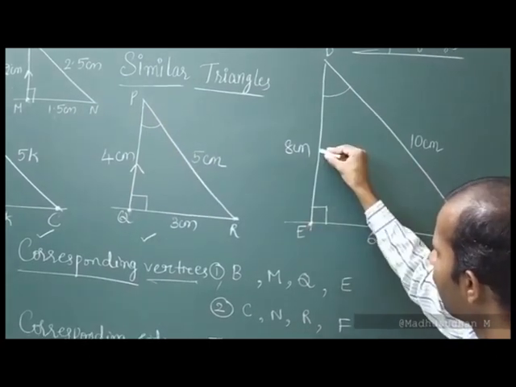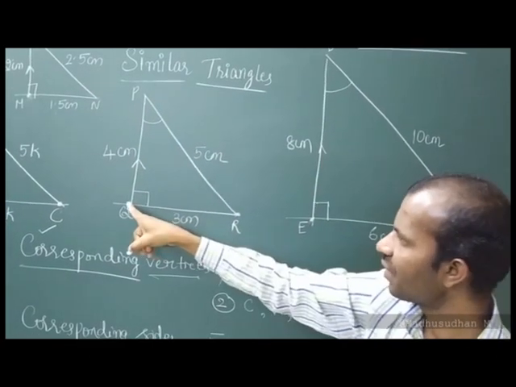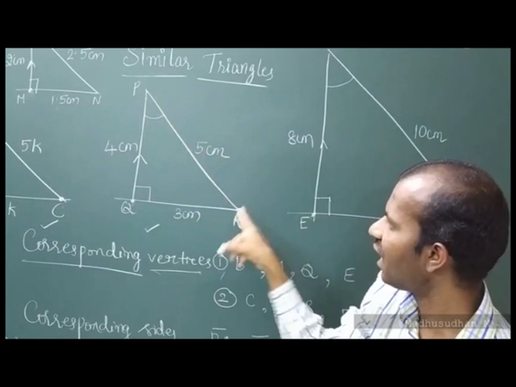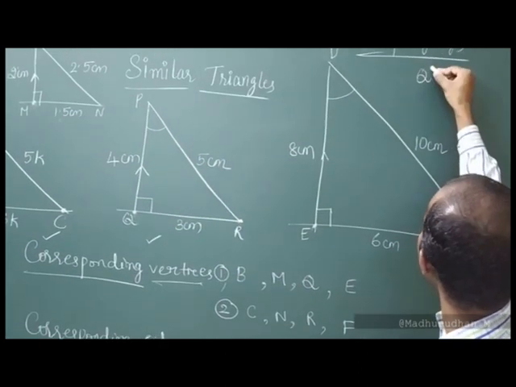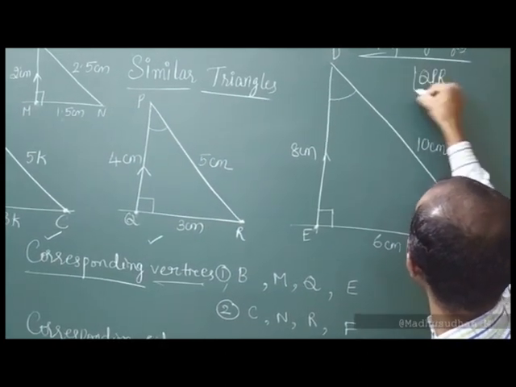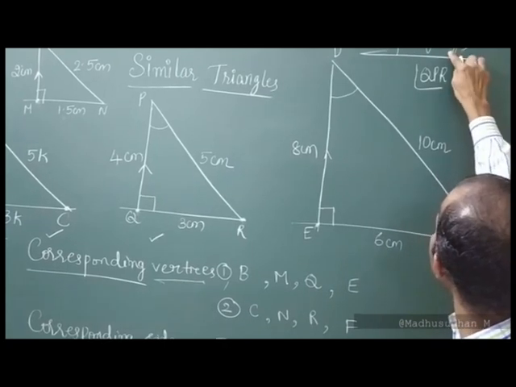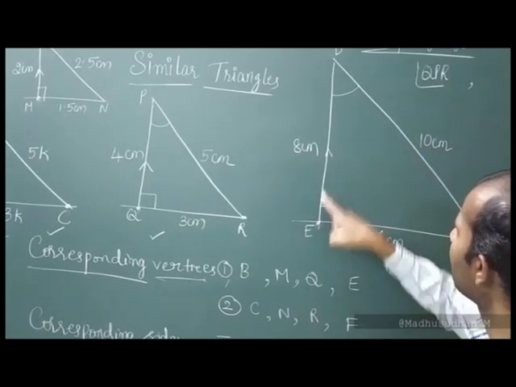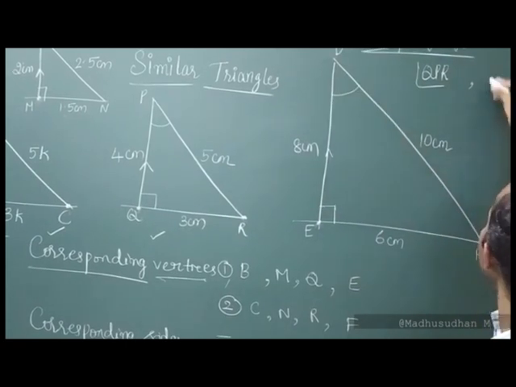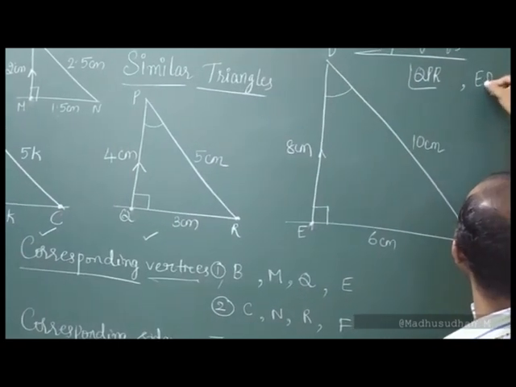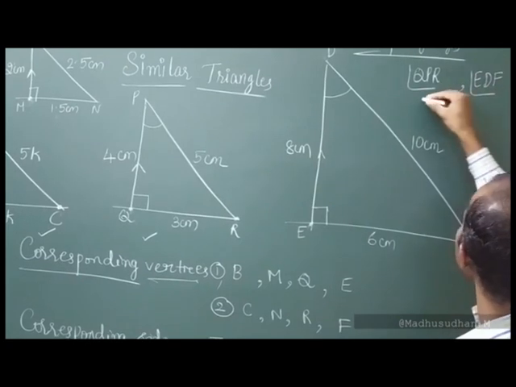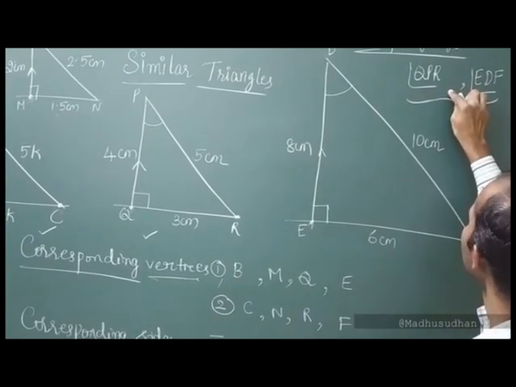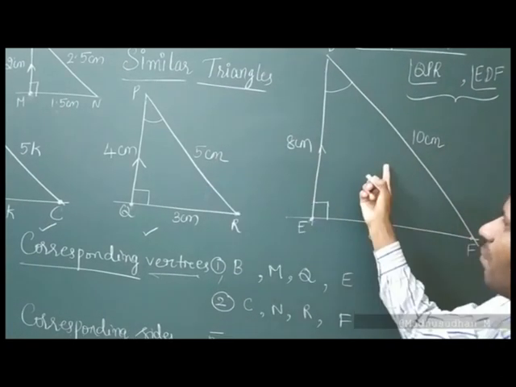Here also I shall move in the upward direction. So here it is Q, P and R. If I write Q, P and R, which is the corresponding angle for QPR in this diagram? From E to D and from D to F. Therefore, EDF. So this is one set of corresponding angles for these two diagrams.